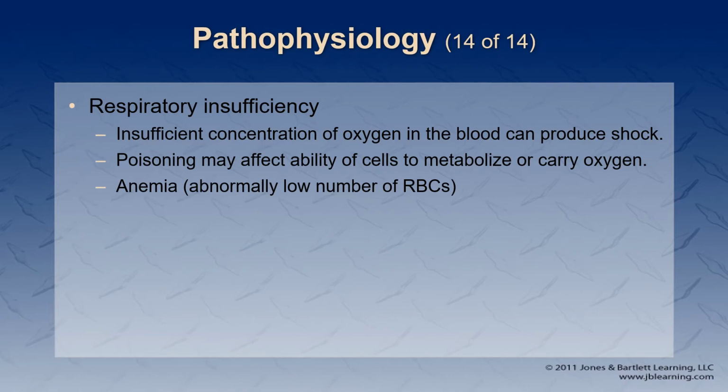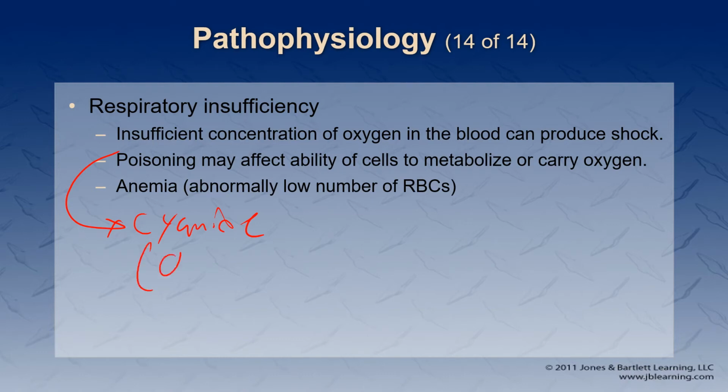So, other things that can cause respiratory-side insufficiency can be things like cyanide poisoning. Cyanide prevents the body's cells from using oxygen to accept the electron in the electron transport chain, which prevents them from making ATP. So they end up not being able to produce energy to continue their vital functions.